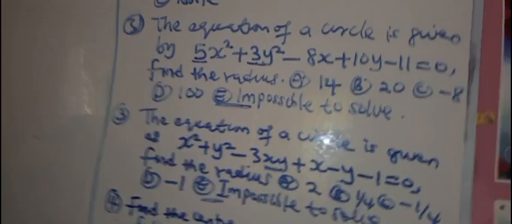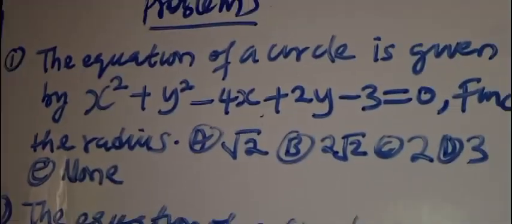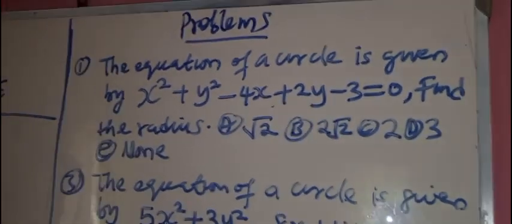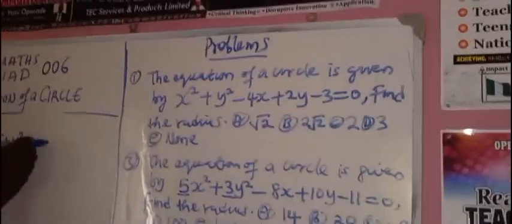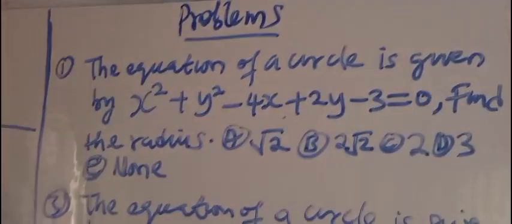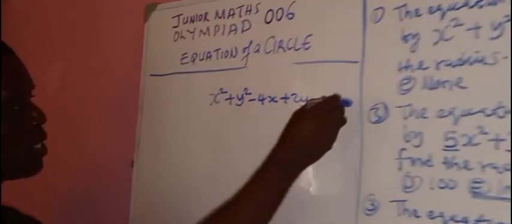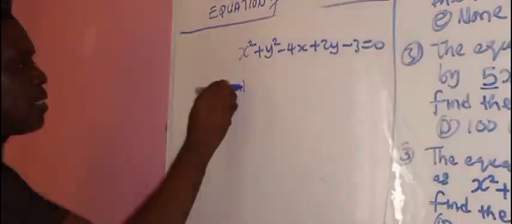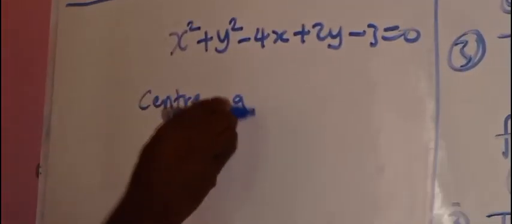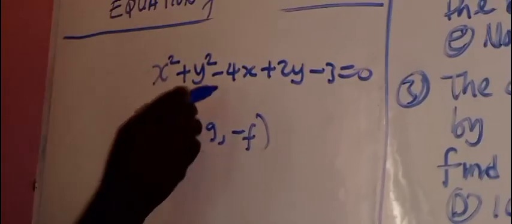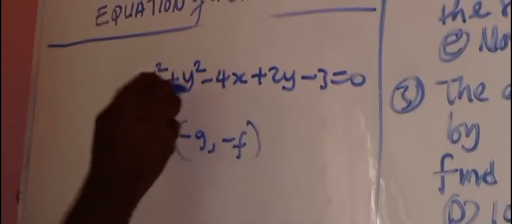Number 1. The equation of a circle is given by x squared plus y squared minus 4x plus 2y minus 3 equal to 0. Now, you will take this constant to the other side. The center is minus g, minus f. If you look at this one now, you express it by completing the square.